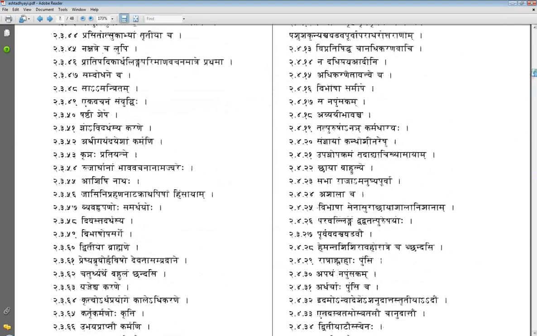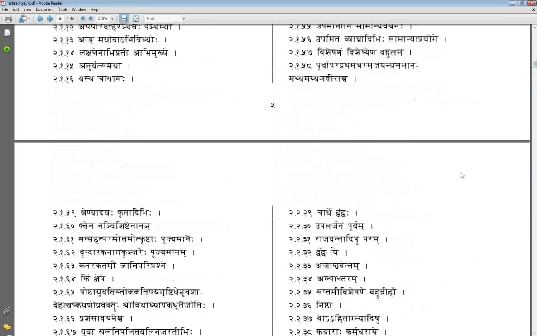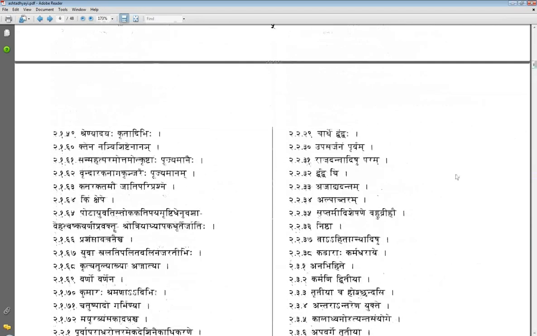That comes at the end of 2.2, Nishtha Bahuvrihau. This Nishtha is Purvam, Upasarjanam Purvam. So that Nishtha becomes Purvam. So it's not a Bahuvrihi.